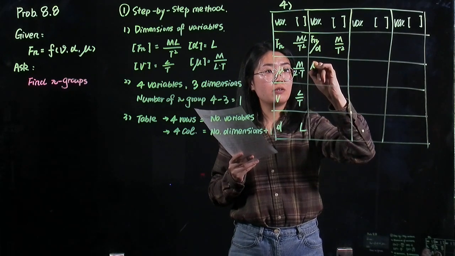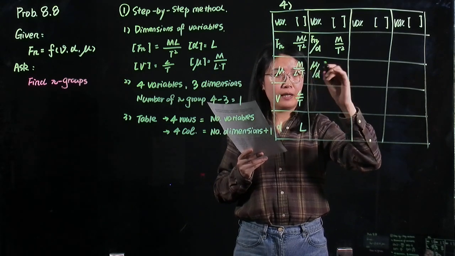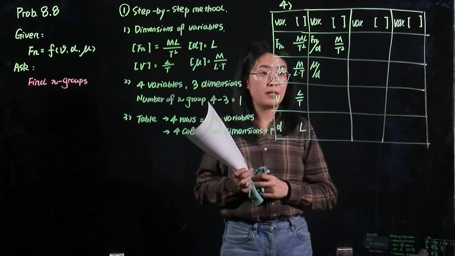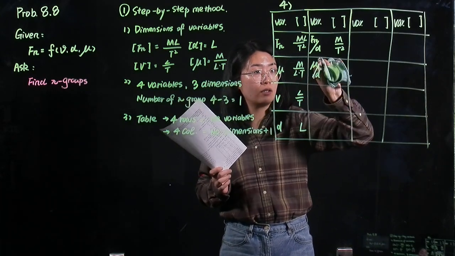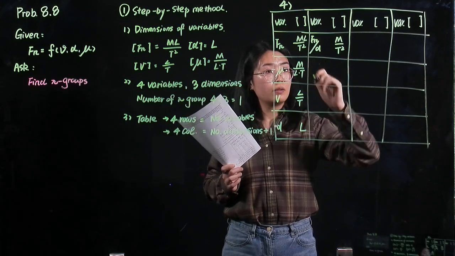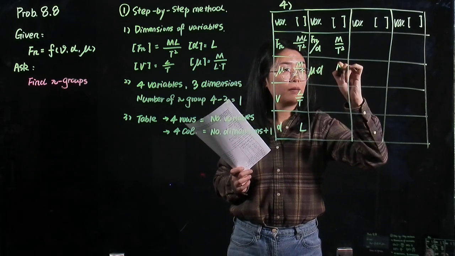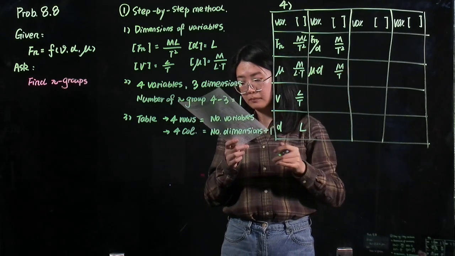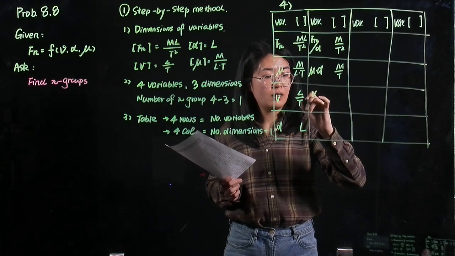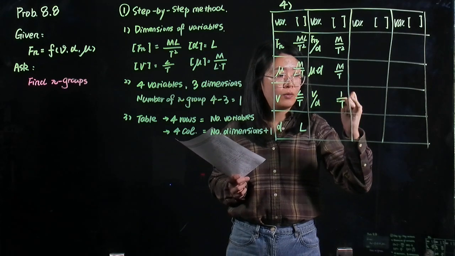For viscosity, because L is here, it should be mu times D, right? So we use mu times D. It will be M over T. And in this case, V divided by D, so it's 1 over T.